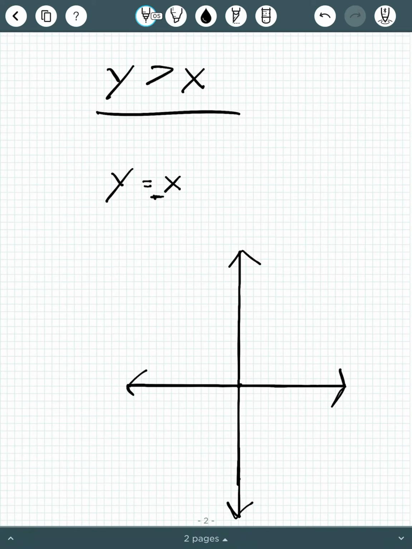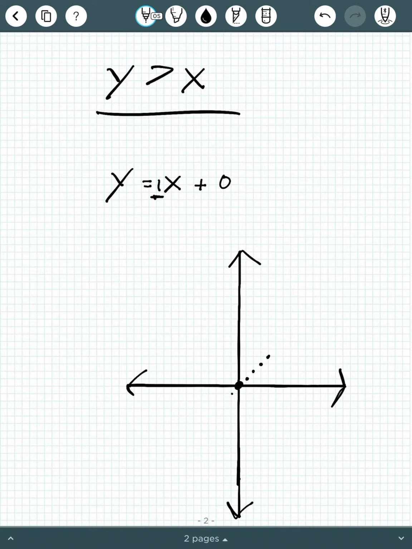My m in front of x is just a 1, and my b is 0, so I know my y-intercept will be on the y-axis at 0, and then because my m value is 1, that means my slope is the ratio 1 over 1. So I go up 1 over 1, up 1 over 1, up 1 over 1.